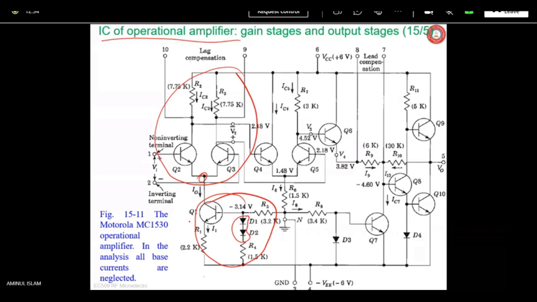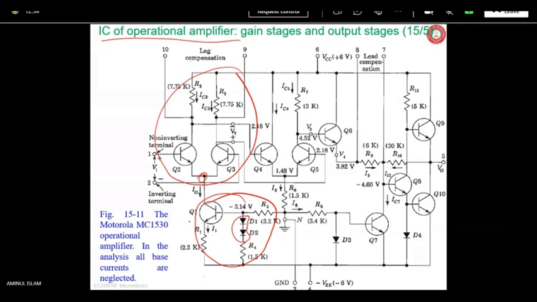So obviously the currents will be the same. Then IC5 is going to be 0.493 milliampere, and the base voltage of Q6, which equals the collector voltage V3 of Q5, is this. Is it understood?